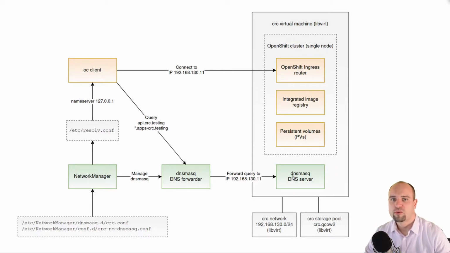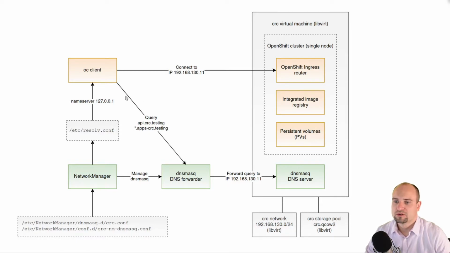So let's now walk through an example scenario where the oc client is trying to access the API server running in the CodeReady Containers virtual machine. The oc client is going to contact the API server whose host name is api.crc.testing. The port would be 6443.